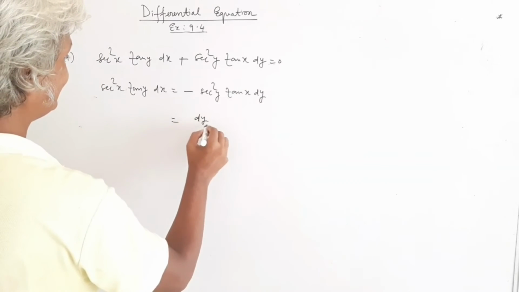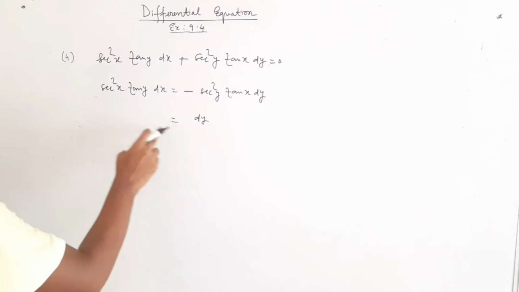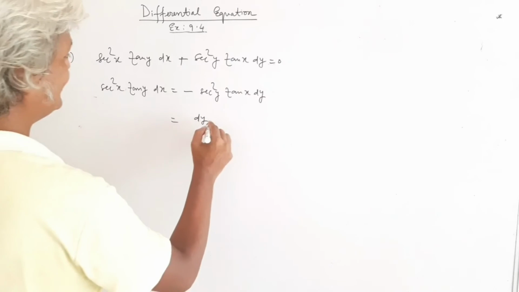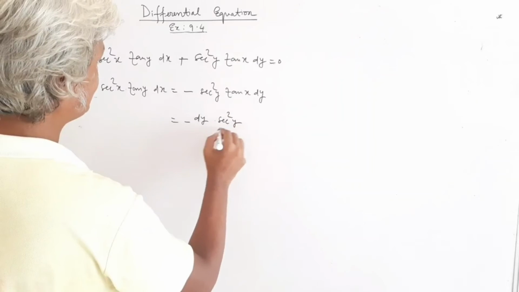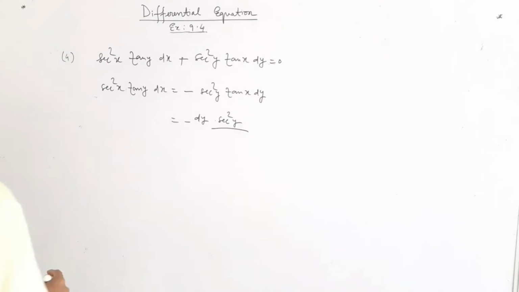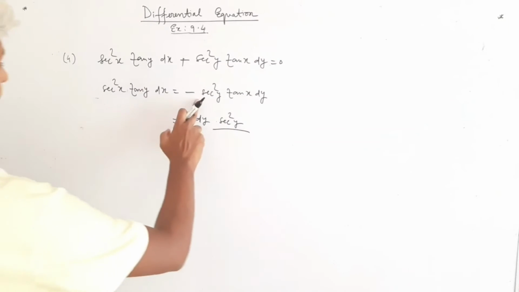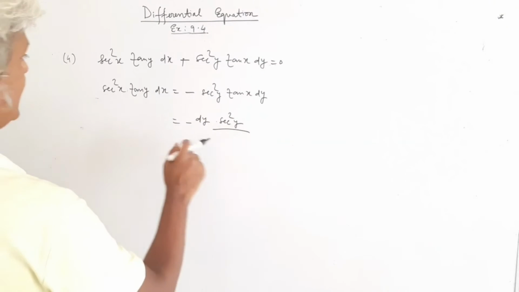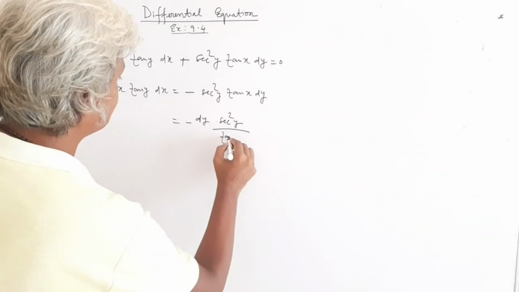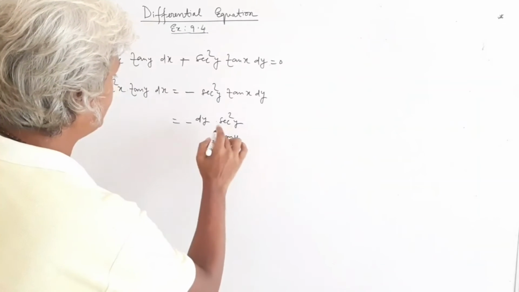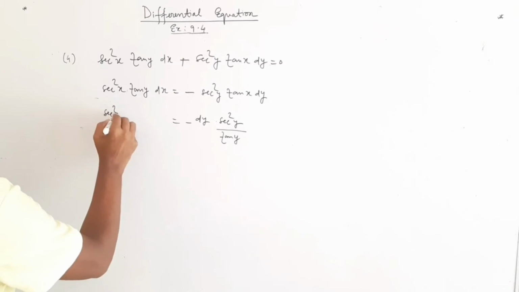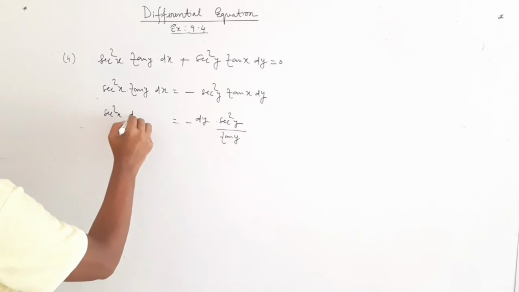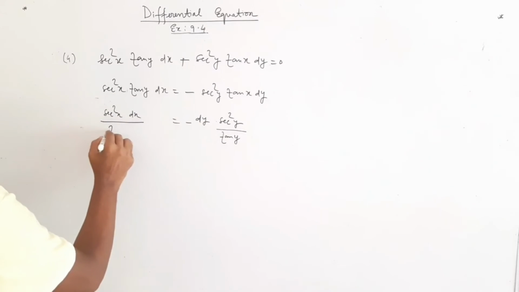Here I keep this tan y here, so minus sec square y upon tan y dy, and then sec square x dx upon tan x.